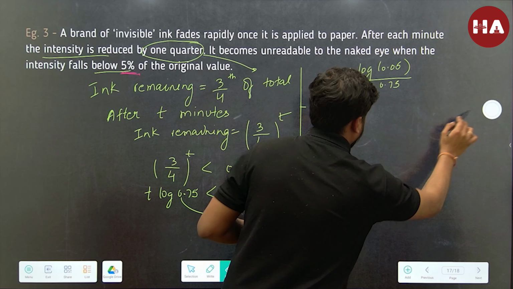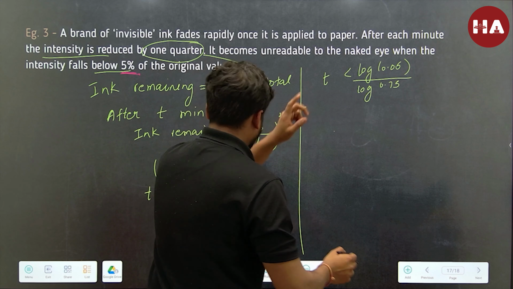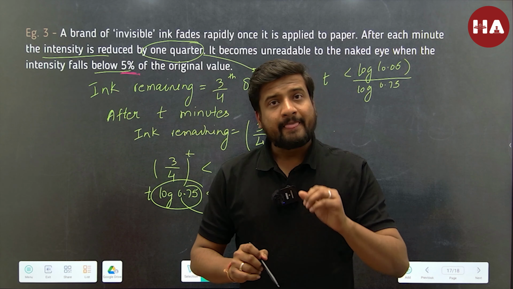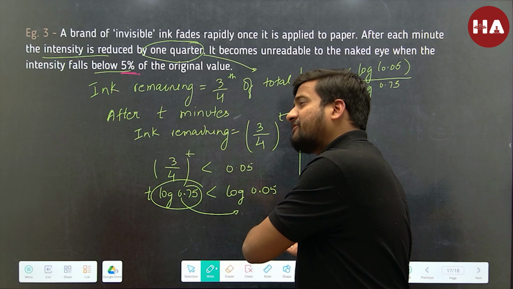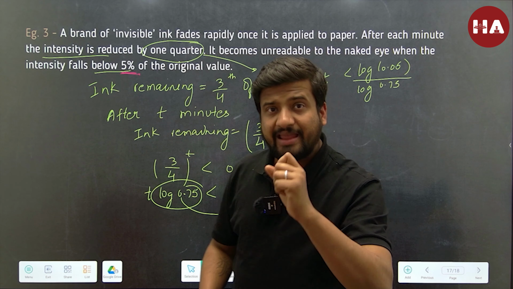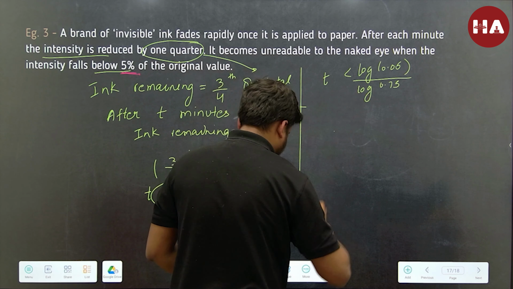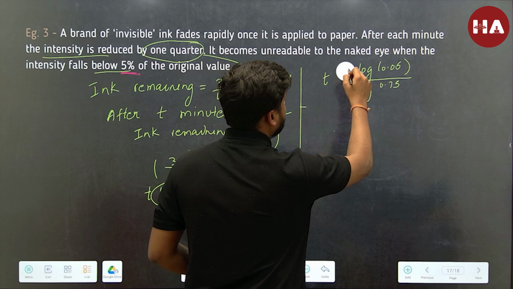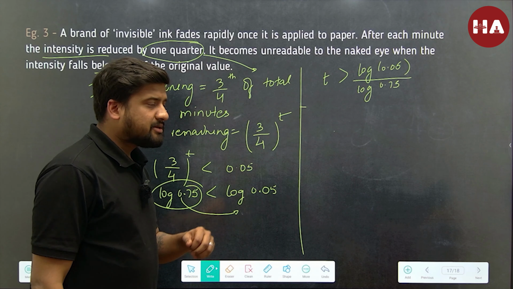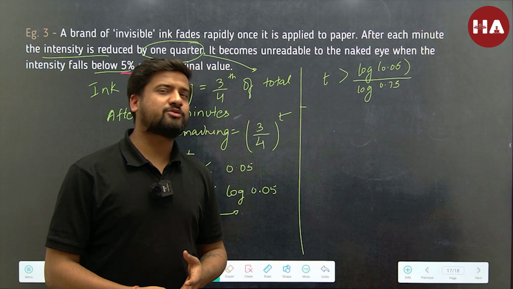So in this step, this number would have been negative, and whenever we divide by a negative number, we always change the sign. So rather than this, my answer should have been this, and that is the mistake that most students make.